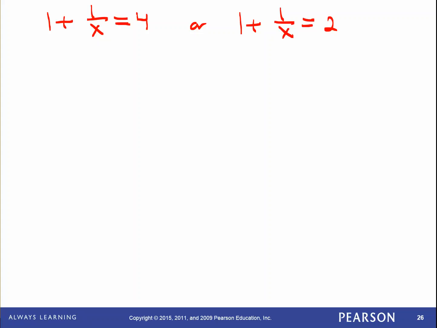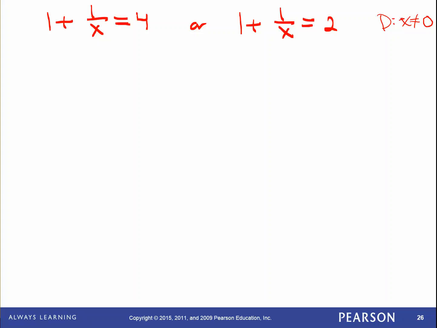Yeah, it is. So off to the side, I'll put D for domain: x cannot equal, what do you guys say? Yeah, 0. So again, if we get a 0, we can't use it.